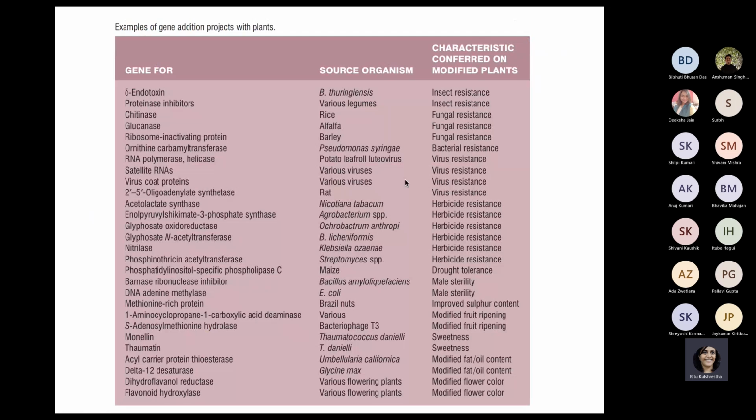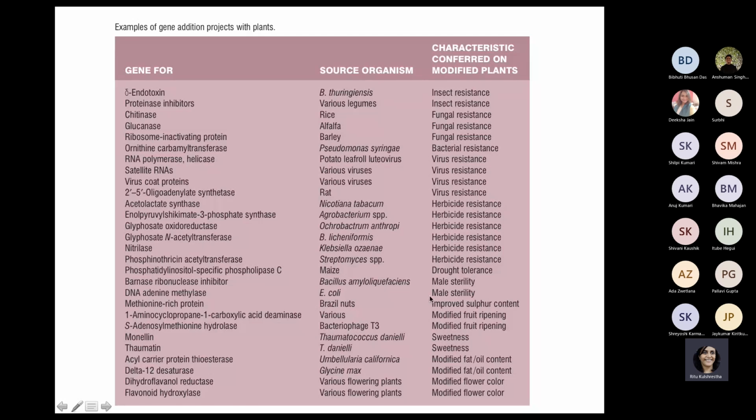And I've told you the examples of how an insect resistant plant was made or a herbicide resistant plant was made. But obviously it's not restricted to that. There are so many different examples in which transgenic plants have been made. Some are insect resistant, fungal resistant, bacterial resistant, virus resistant, herbicide resistant.